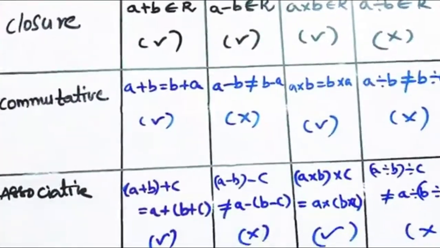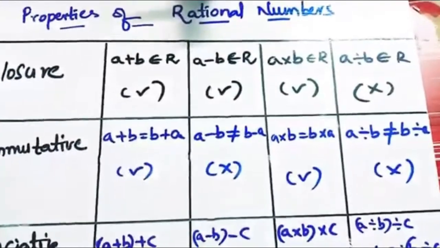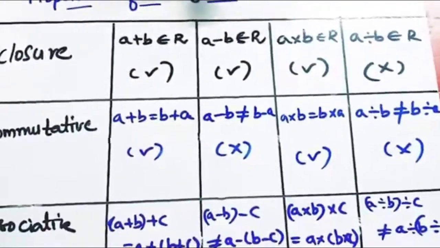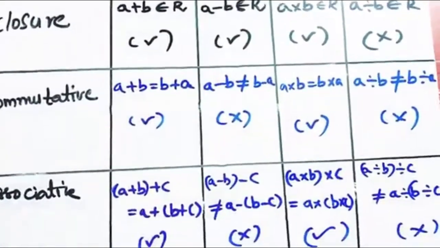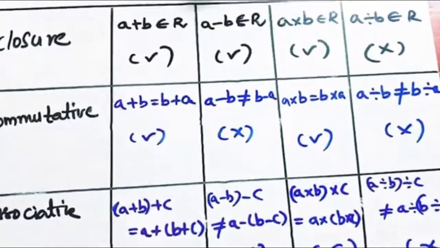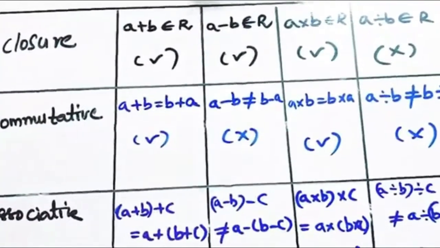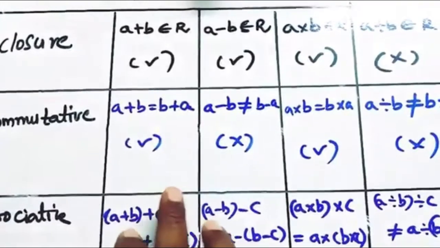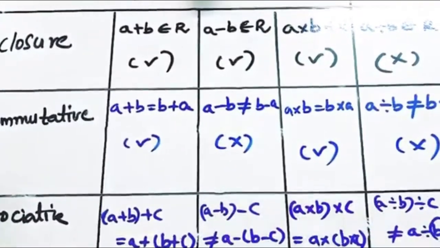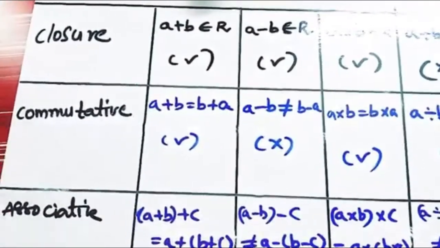This table gives the complete properties of rational numbers with all operations and all the properties. Now you can understand easily. This is for addition, subtraction, multiplication, and division. On the left side we have closure, commutative, and associative.